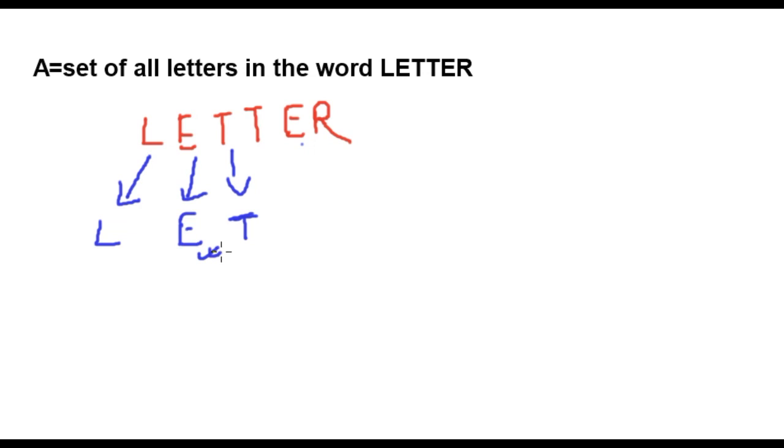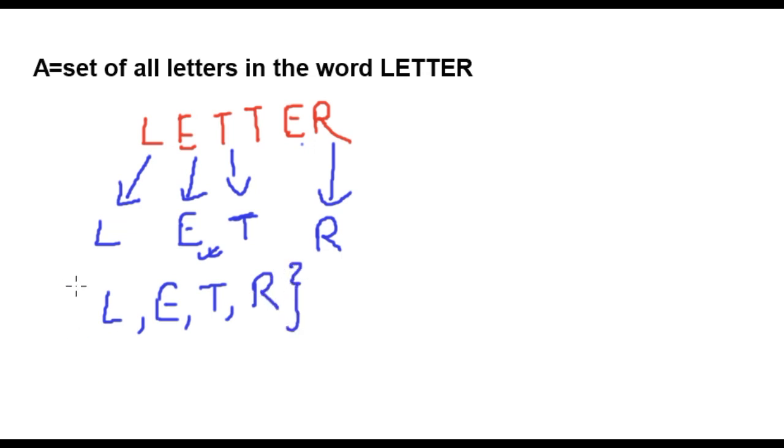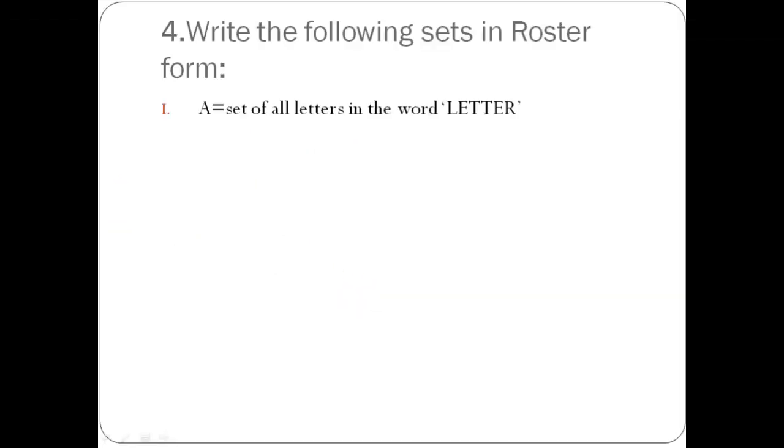E is again repeated. This is R. So L, E, T, R. These letters are used in this word, and we can write this like that in a roster form. This is our answer. Let's come to second question.